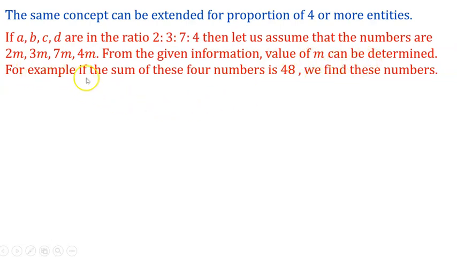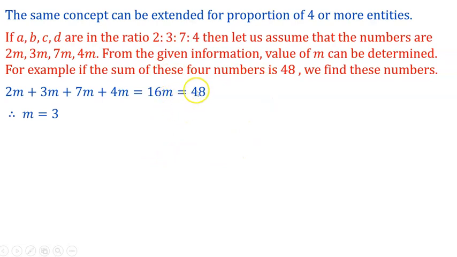For example, if the sum of these four numbers is 48, we find these numbers: 2m plus 3m plus 7m plus 4m is equal to 16m, and that equals 48, the sum of the four numbers. Hence m = 48 upon 16, so m = 3.